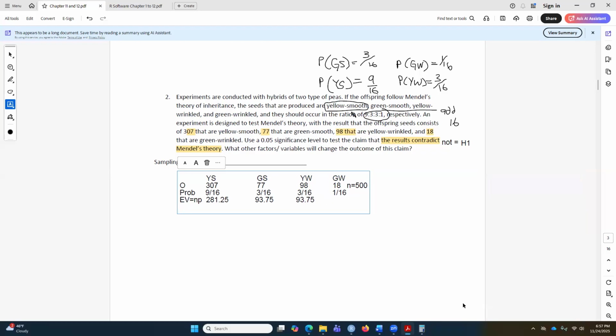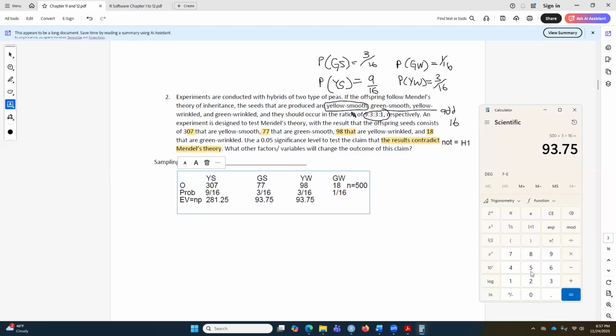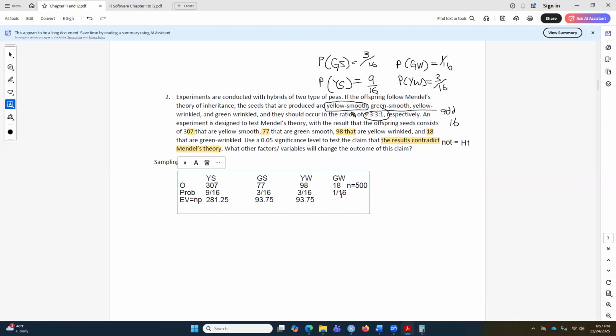And then the last one for the green wrinkle, you have to take 500 times 1 out of 16. That will be 31.25. Okay. So this is what you need to do first, even before you start doing your 7-8 steps of hypothesis test.